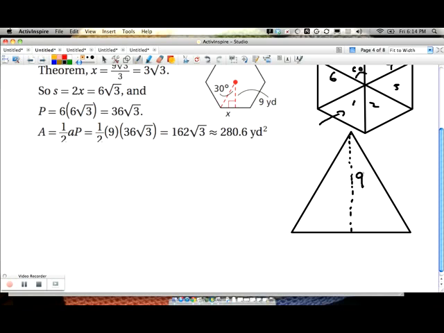So this height is 9. And I know this is a 30, 60, 90 triangle, because it's part of a hexagon split into 6 of them, so I can figure out the other 2 sides. This side would be x root 3. This side here is 2x, and this side is x. So let's see if I can figure out what x is.